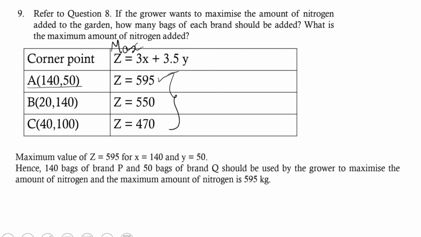So, maximum value of Z is equal to 595 for x is equal to 140 and y is equal to 50. Hence, 140 bags of brand P and 50 bags of brand Q should be used by the grower to maximize the amount of nitrogen, and the maximum amount of nitrogen is 595 kg. So, this is the result, the answer for this question.